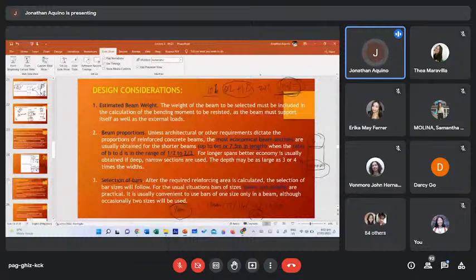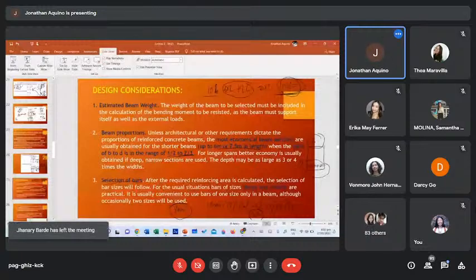So these are readily available. But for special construction, like bridges, we have bars as big as 51 millimeter diameter, but that is on an order basis.